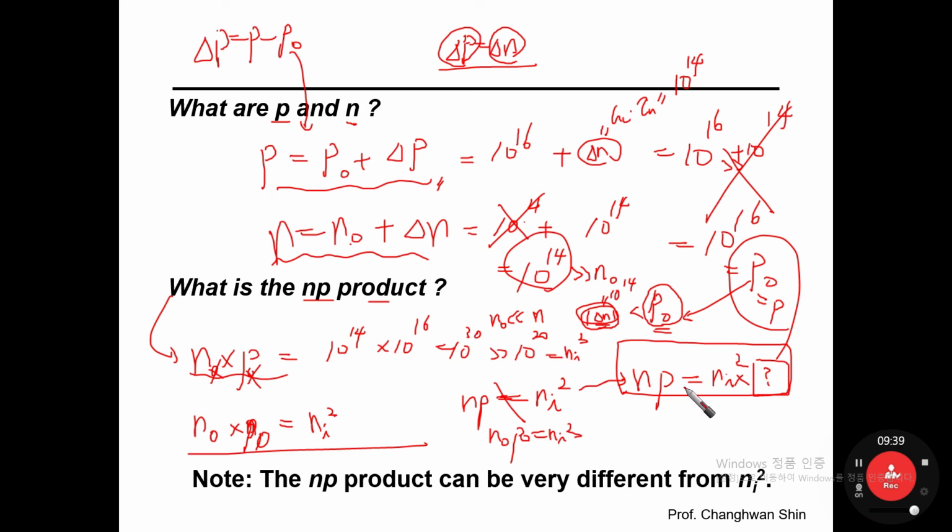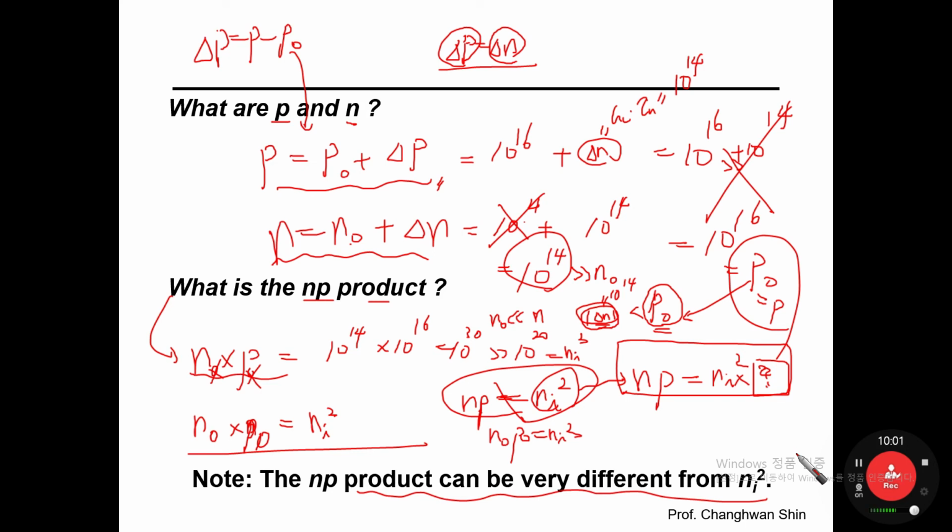Okay, but at this moment, let's leave this question mark behind, and let's focus on this. NP is very different from Ni squared, as described in this note.